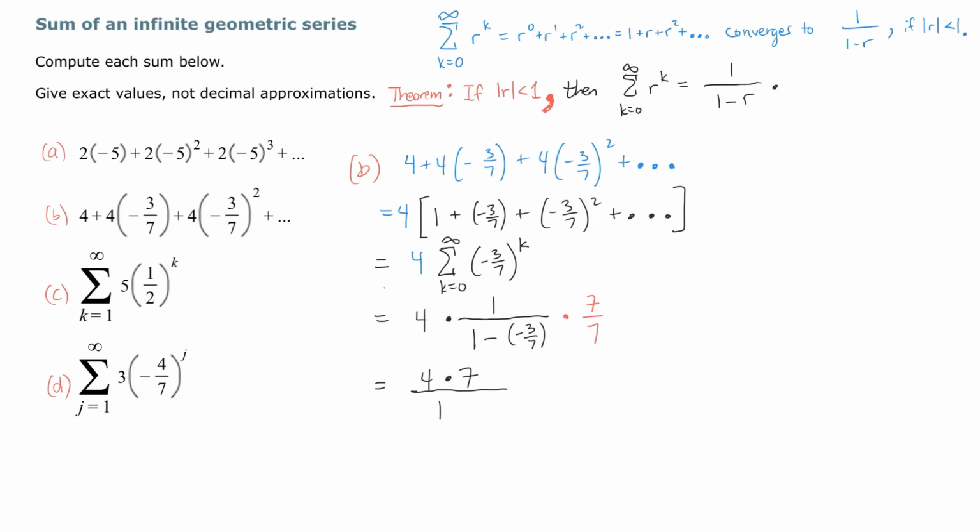And 7 plus 3 is just 10. We could reduce factors, so 2 over 5 times 7. So 14 over 5. And who would have thought adding all those infinite numbers will simply get you 14 over 5. So there's the final expression for part B.